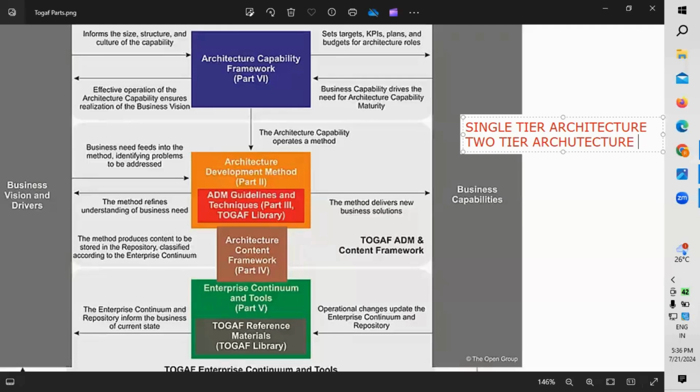What are two-tier architecture applications? Let's say, for example, you are working for an organization. That organization consists of some 10 workstations, 10 different systems. 10 different people in different roles are using the systems. They belong to some business, some financial institution.